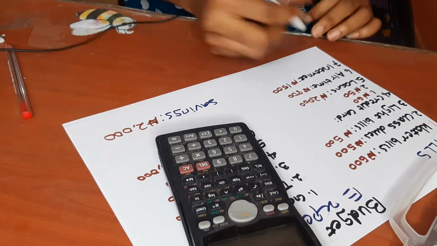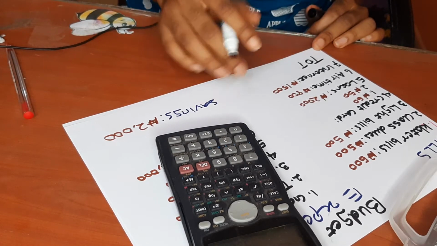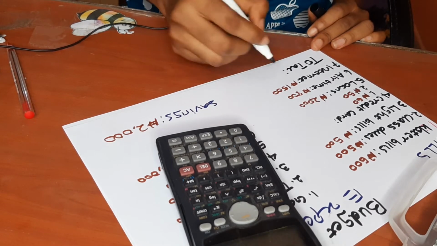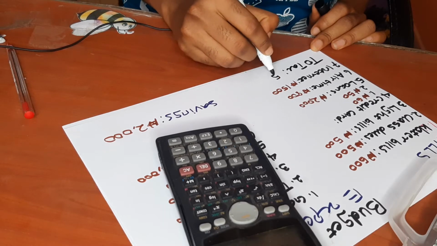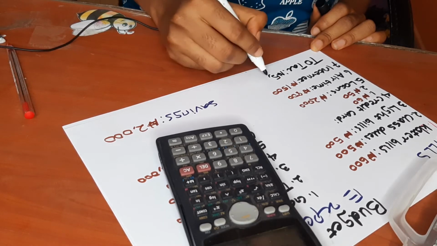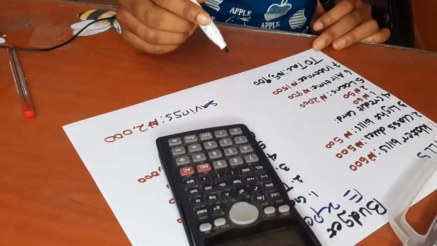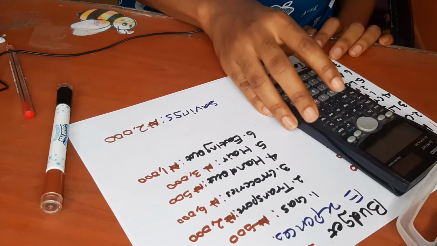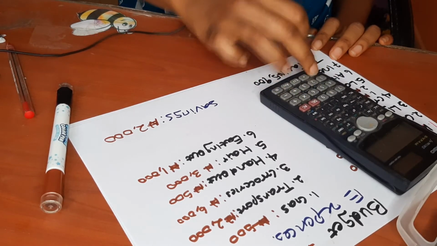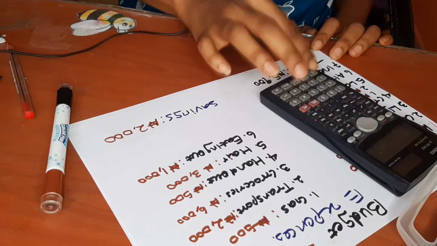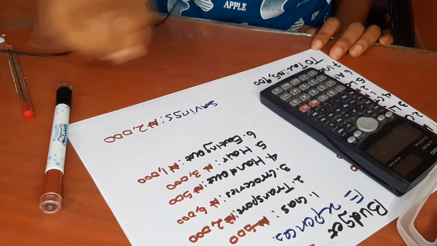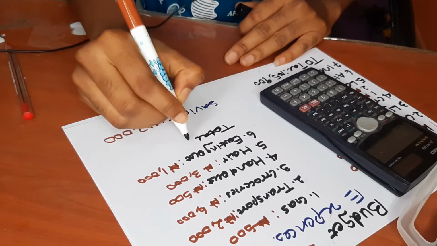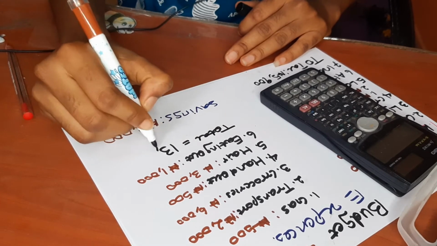So we have a total of about, I hope we can see this, we have a total of about 5,900 naira. Wow. Now let's go into our expenses. For expenses, I hope you can see this. Okay, so for this we have a total of about 13,000 naira.